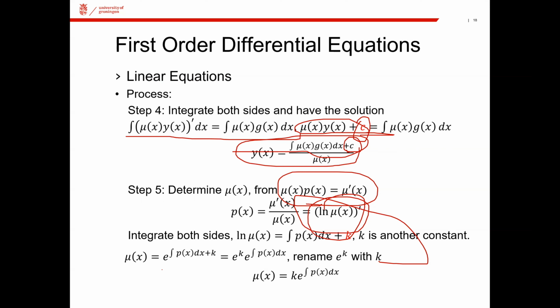It is e to the power of the integration of p x plus k. And we just move the e to the power of k to the front. And we rename e to the power of k with k, because e to the power of k is always positive, and we rename that with k. Here k is another positive number.